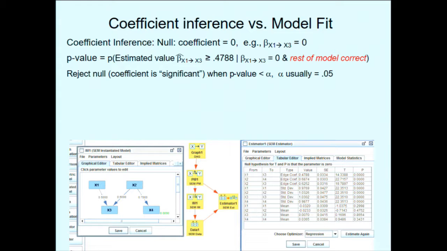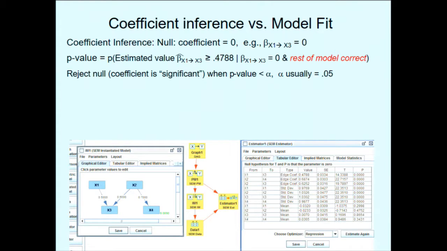So the beta 1,3 equals 0 might be our null, and then the p-value is the probability that the estimated value, which is represented by that beta 1,3 with a hat over it, that represents the estimate, is bigger than or equal to what it actually came out to be, given that it's actually equal to 0. The population thing is equal to 0. And what I put in red, the rest of the model is correct, which is totally crucial.